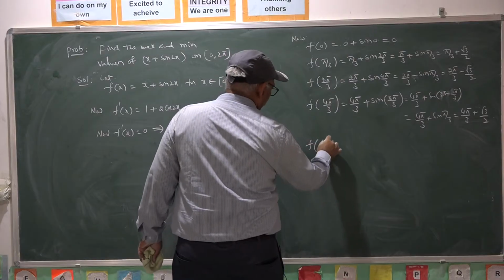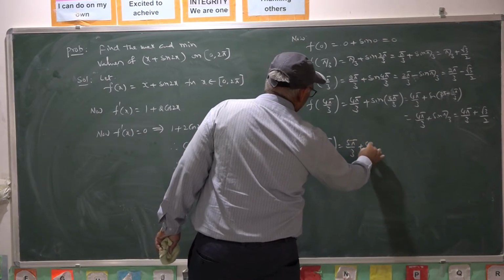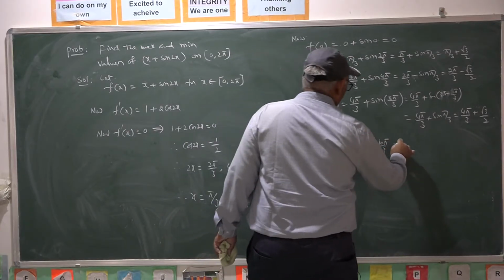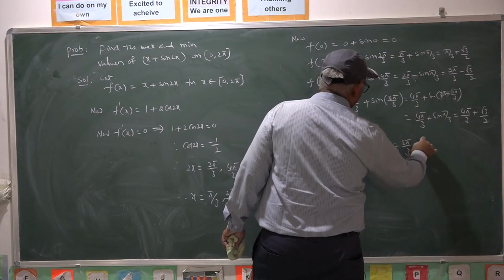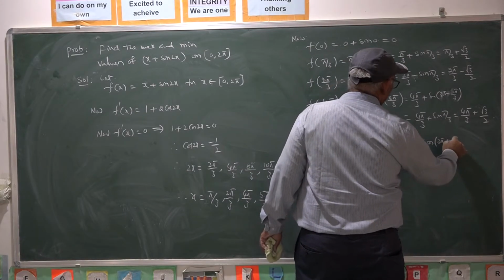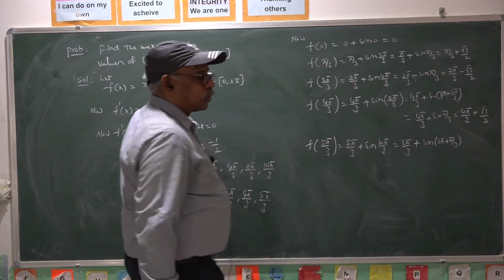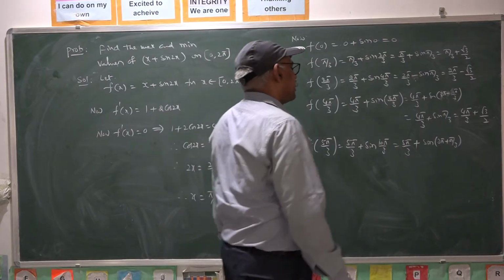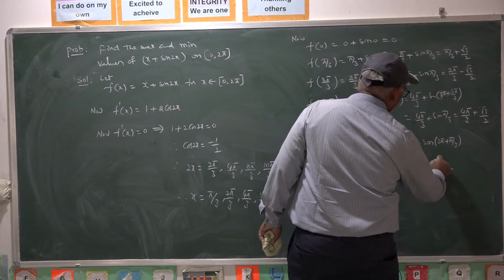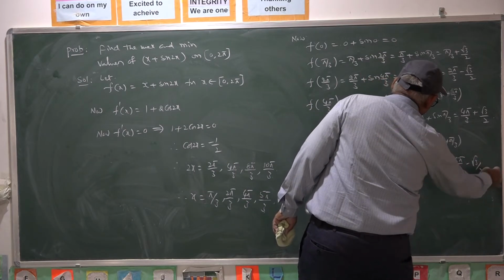Similarly, f of 5 pi by 3 is 5 pi by 3 plus sine 10 pi by 3, which is 5 pi by 3 plus sine of 3 pi plus pi by 3, which falls in the third quadrant. In the third quadrant, sine is negative. Hence 5 pi by 3 minus sine pi by 3, that is 5 pi by 3 minus root 3 by 2.